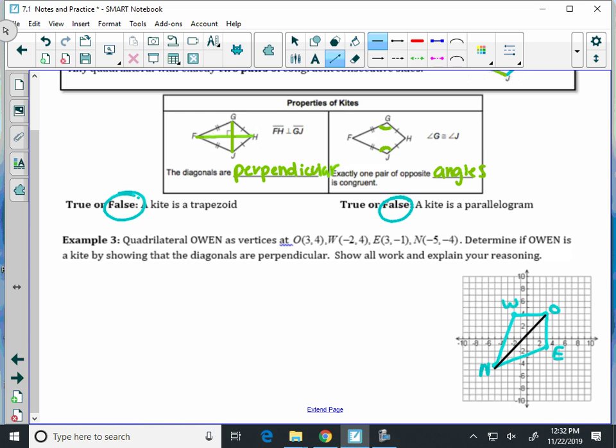How do we show that lines are perpendicular in the coordinate plane? What kind of slopes do they have? Opposite reciprocals. So we have to show whether or not our diagonals have opposite reciprocal slopes. So let's find the slope of NO first.